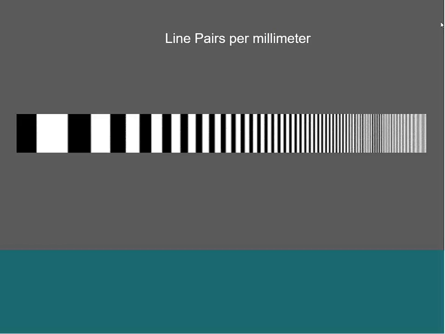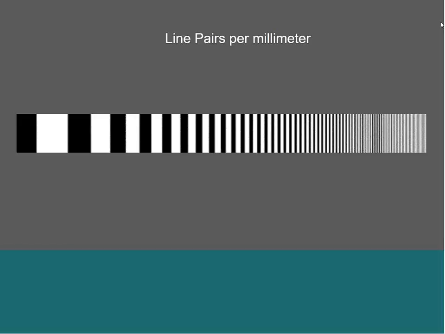So you've got a white line and a black line, and they produce an image, and they look at how many line pairs can we detect before we start to have distortion, trying to discriminate between black and white lines.